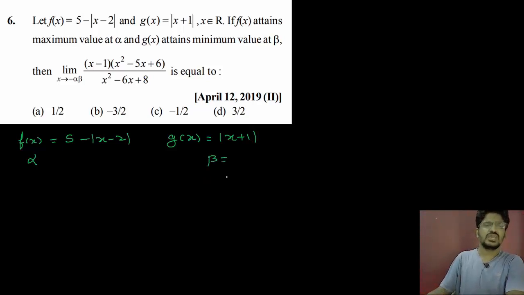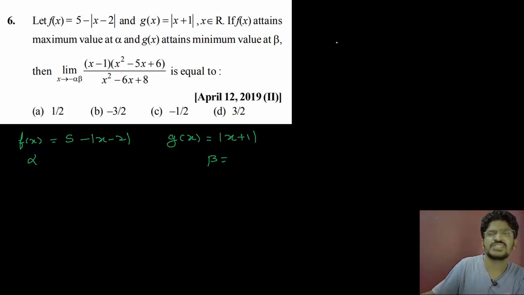Okay. So you can just see here, f of x attains the maximum value at 5. f of x will attain the maximum value at x equal to 2, because this term has to be 0. So if I want to make this term 0, x has to be 2. Therefore f of x becomes 5 whenever x is equal to 2.